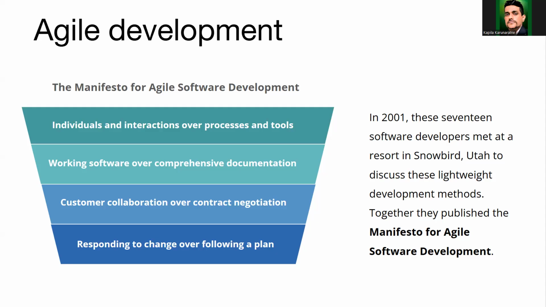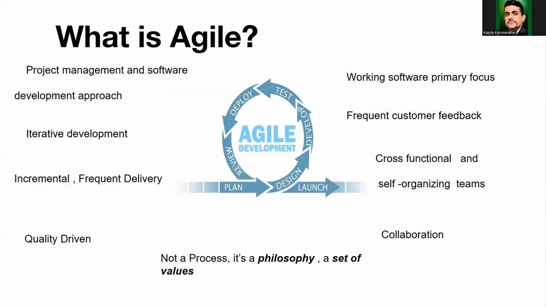This is the Agile Manifesto. I am sharing my slide. Basically, Agile is a project management and software development effort. It is iterative and incremental, with frequent delivery, and mainly, as I mentioned, quality driven, because we deliver small work frequently.